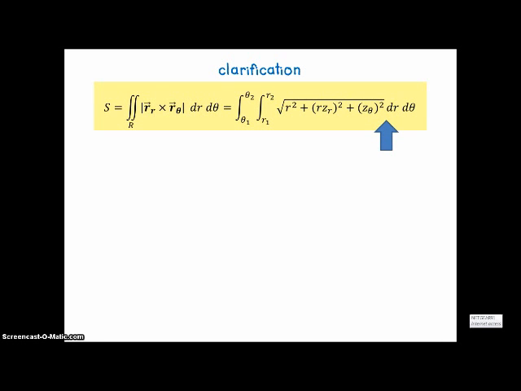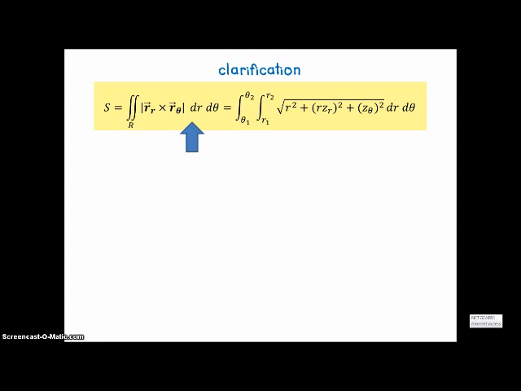There's no r there. Remember when we used to change from rectangular coordinates to polar coordinates, the polar rectangle involved setting dA, which was equal to dx dy, equal to r dr d theta. But you'll notice there's no r there. There's no r here, because the difference here is that we're using r and theta from the get-go as parameters.